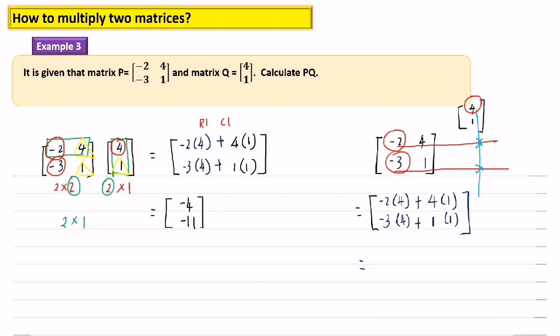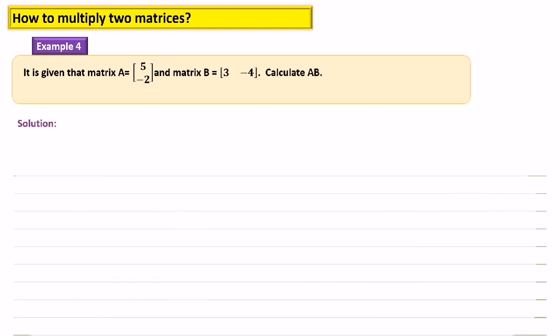Also very simple, and you obtain the same answer, negative 4, negative 11. Example 4. It is given that matrix A is 5, negative 2 and matrix B is 3, negative 4. Calculate AB.